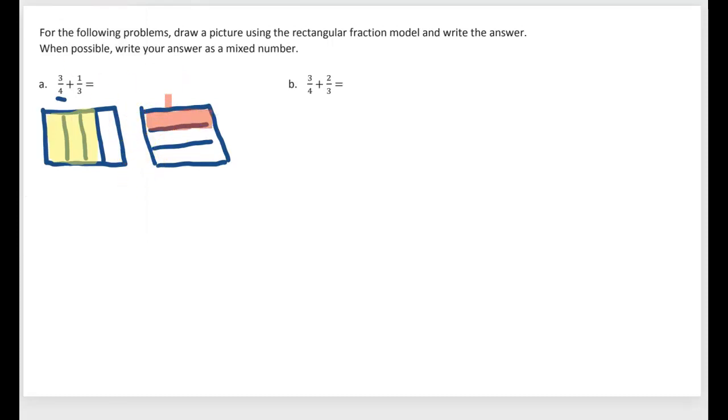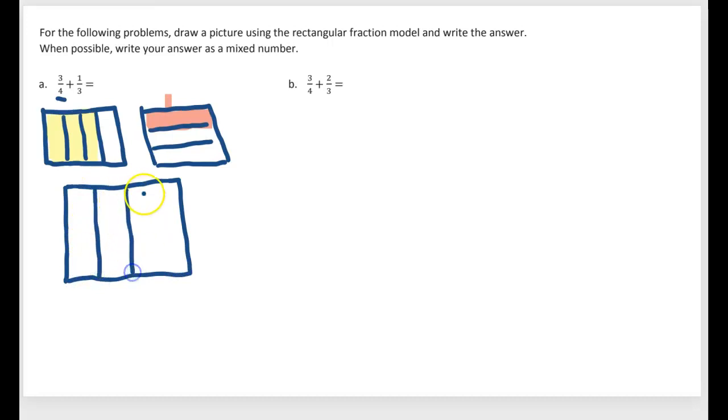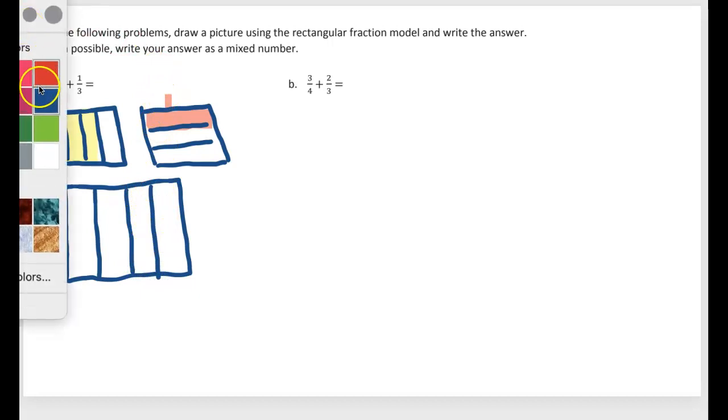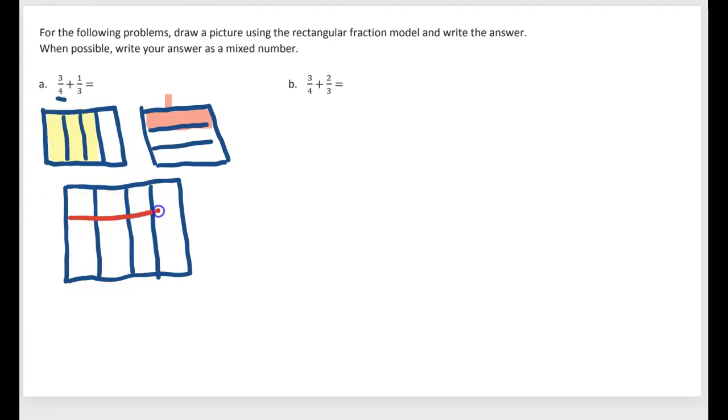So now what I'm going to do is combine the two. What that means is I'm going to take the 3/4 and the 1/3, and combine them into one rectangular model. So I need 3 vertical lines to give me 4 units, and then I need 2 horizontal lines to give me 3 units.